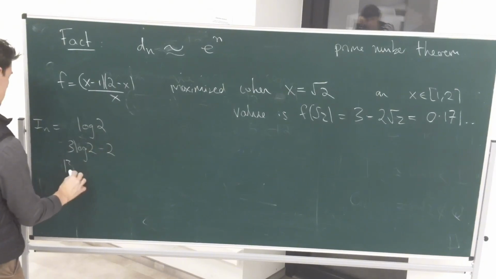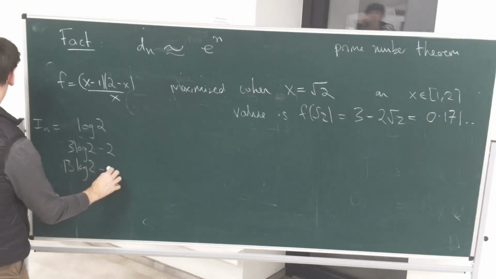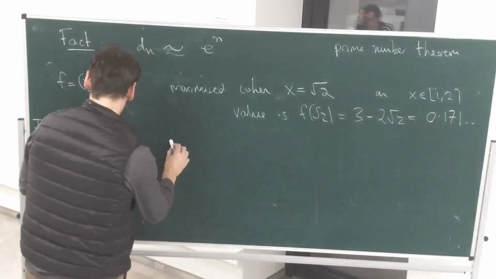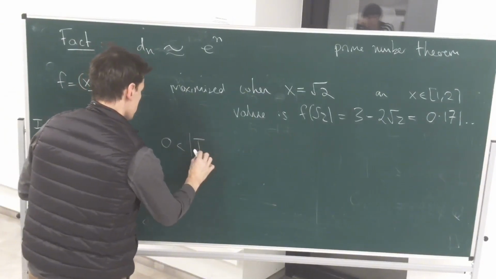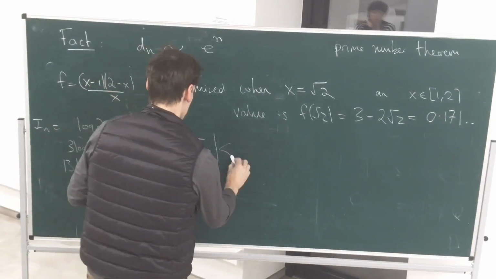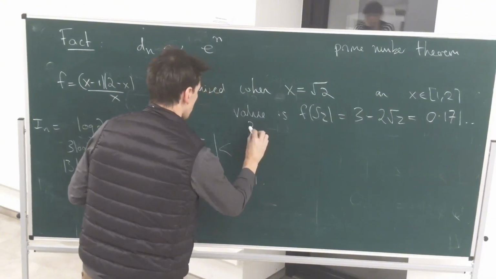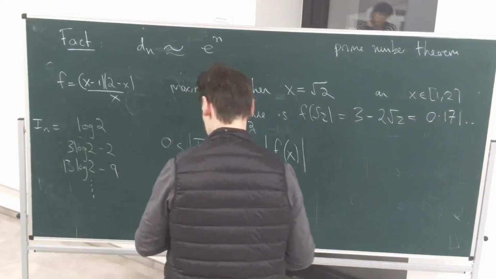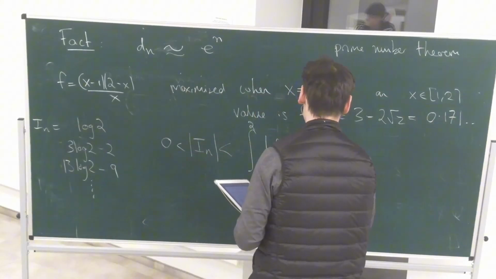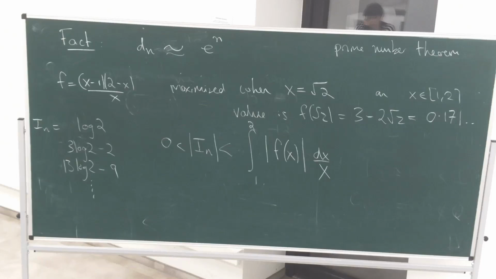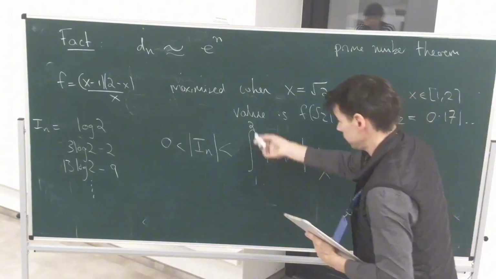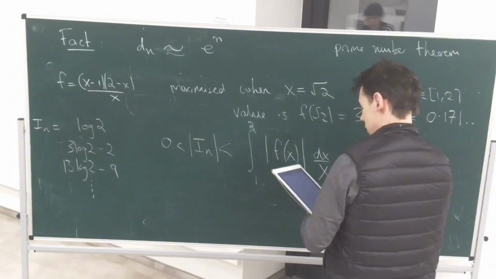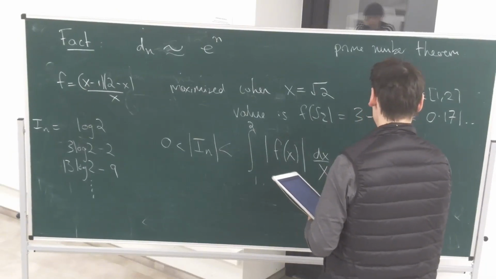The next one is 13 log 2 minus 9, etc. And the absolute value of the integral is at most the absolute value of f of x, because dx over x is positive measure on the interval 1 to 2. And so this is at most epsilon to the n.